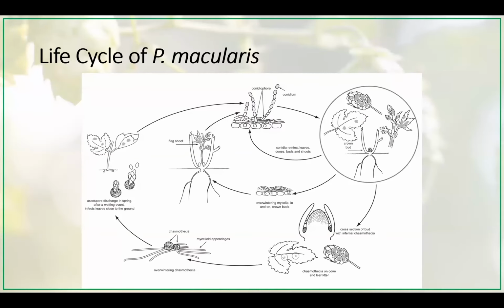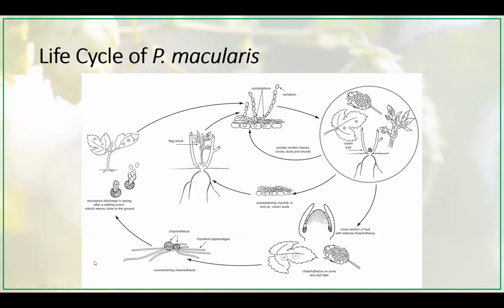So to talk to you a little bit about the life cycle here, as it overwinters on living host tissue, it can overwinter as a chasmothecia on leaf litter and cone litter that falls down. And then it can also overwinter within the buds, both as mycelia and as chasmothecia.